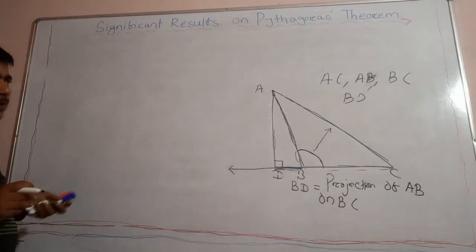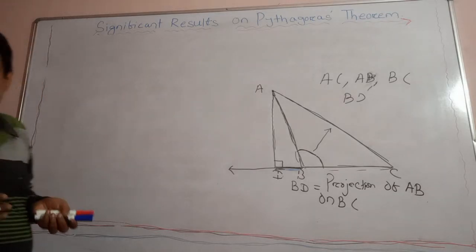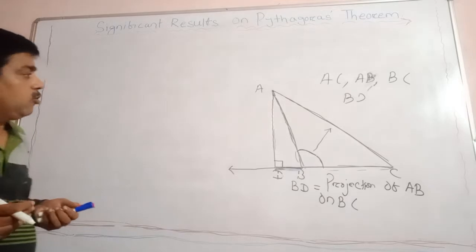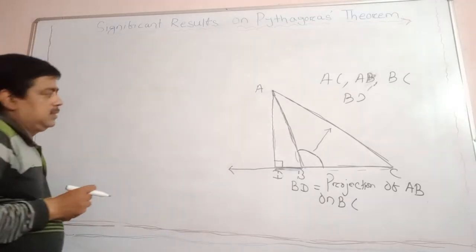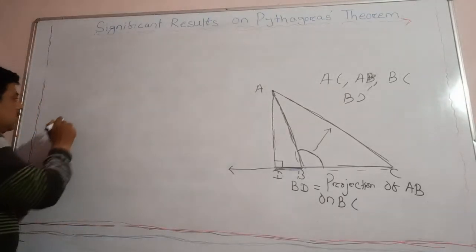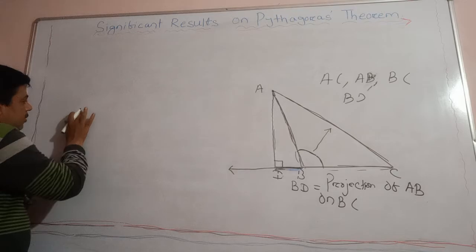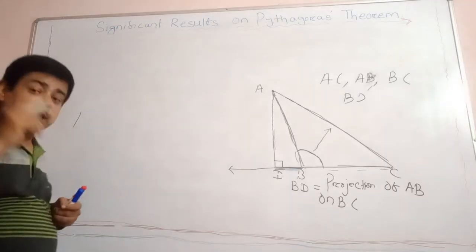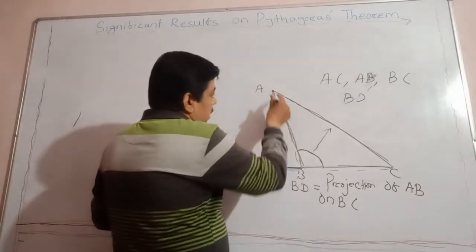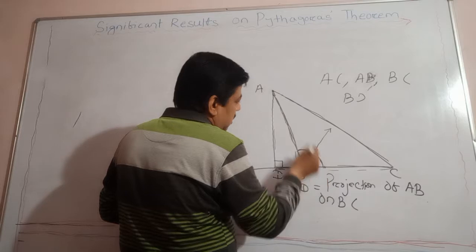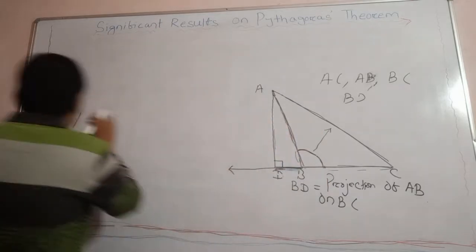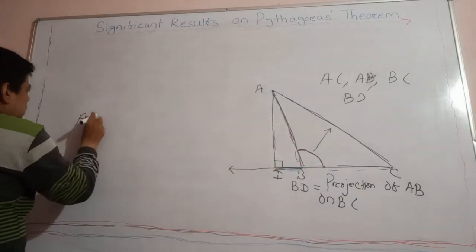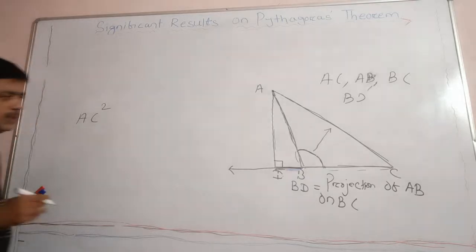Let us listen carefully. The statement is that in an obtuse angle triangle, the square of the side opposite to the obtuse angle, what is the side opposite to the obtuse angle? Angle B is the obtuse angle, and the opposite side is AC. The square of AC is AC square.